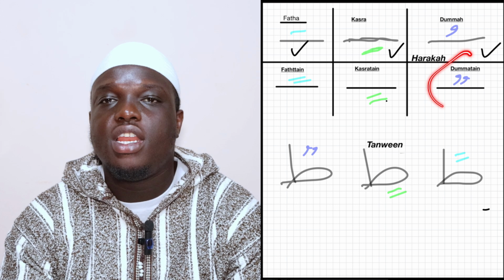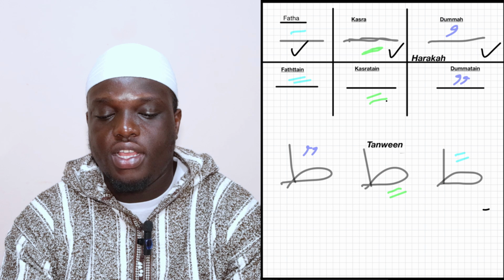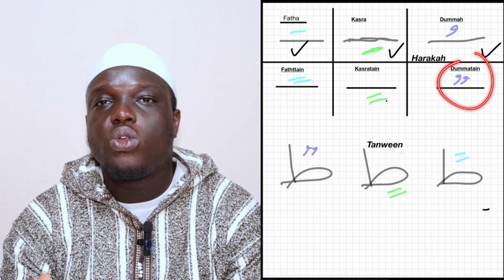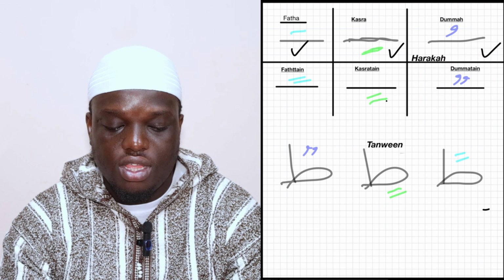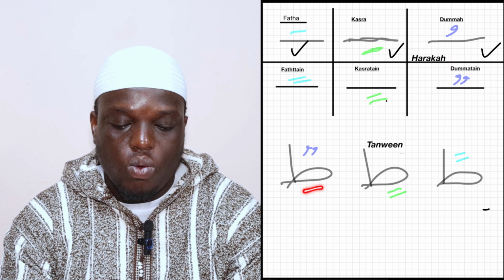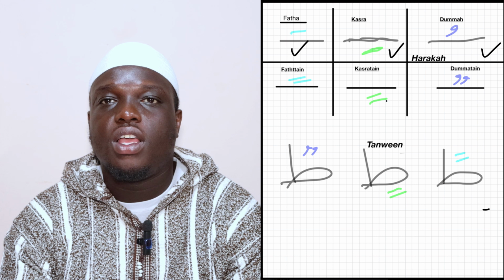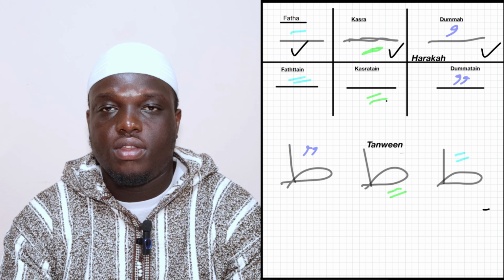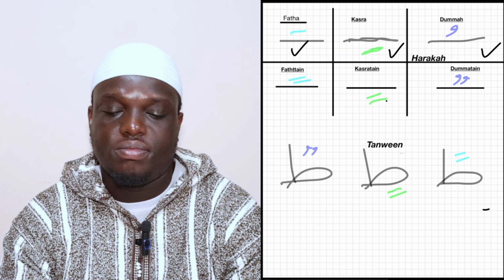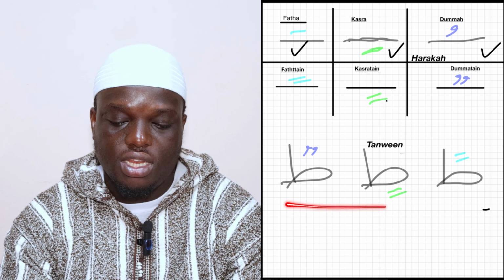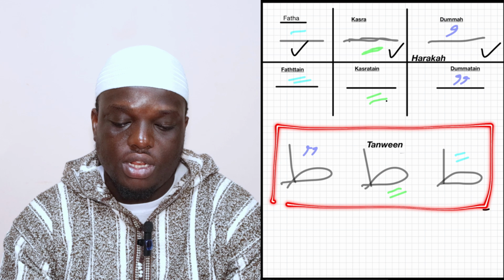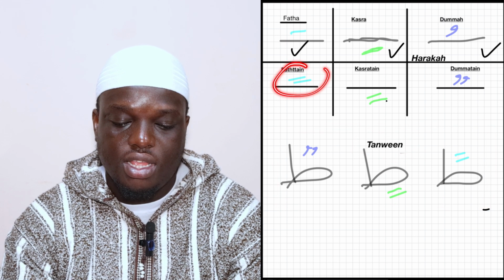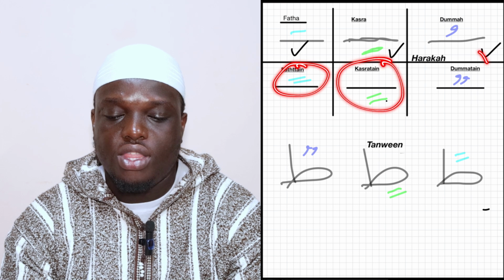It will be an un sound. Since dhamma is already a u sound, dhammatain is un. So ta with dhammatain is tun. Understand? So that's our lesson for tanween: fathatain, kasratain, and dhammatain.